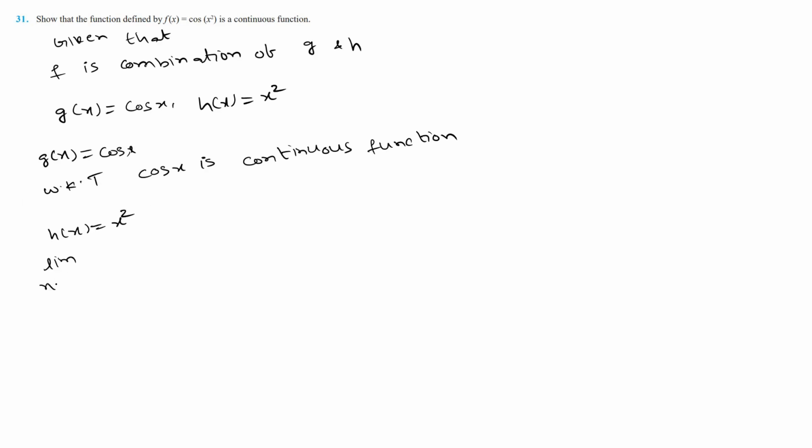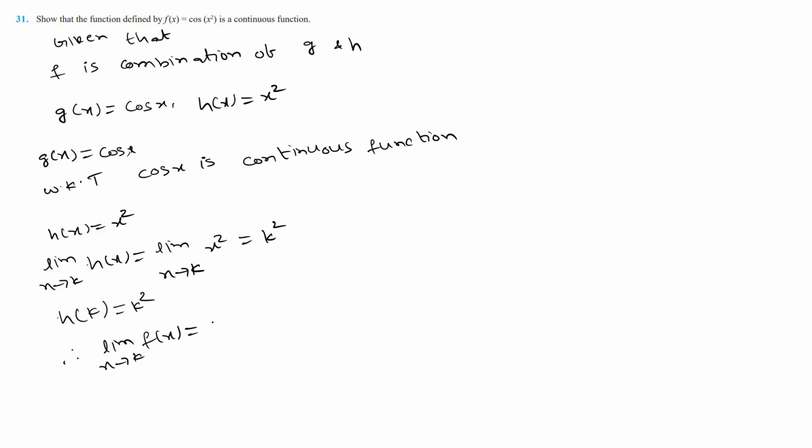So limit x tends to k, h of x is equal to limit x tends to k of x square. If you substitute k, you will get k square here. Even h of k also we will get k square here. So therefore limit x tends to k, h of x is equal to h of k here. So h of x is a continuous function.